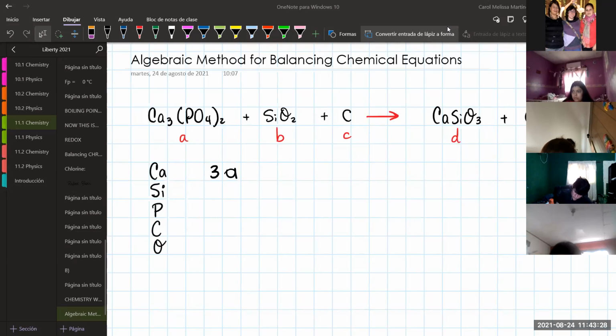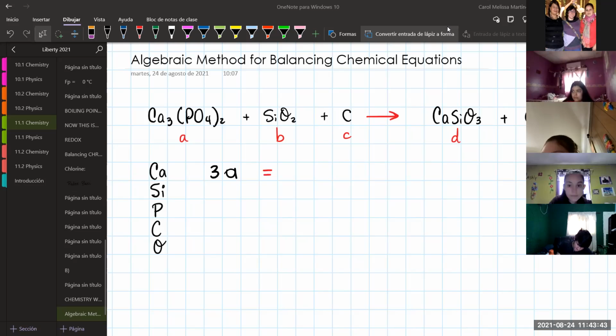You have no calciums at B, no calciums at C. In D, you have how many calciums? One. You have only 1 calcium located in the position D. So in D you will place 1.